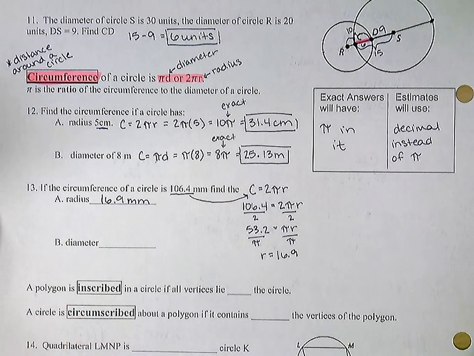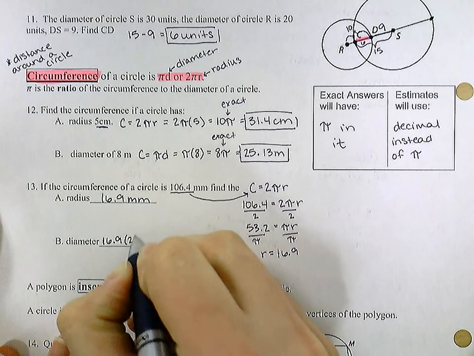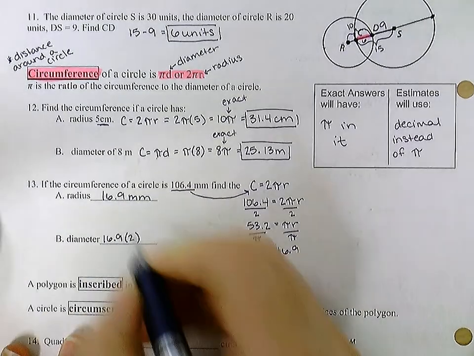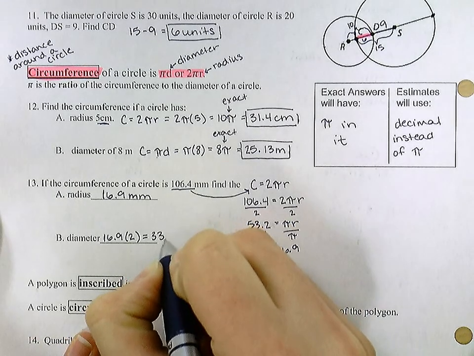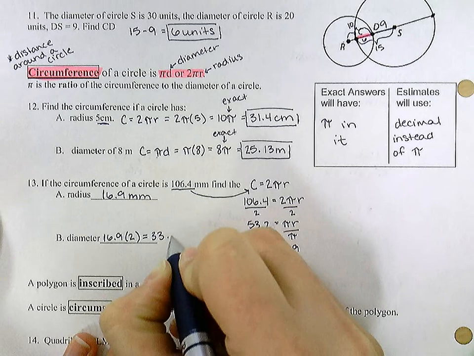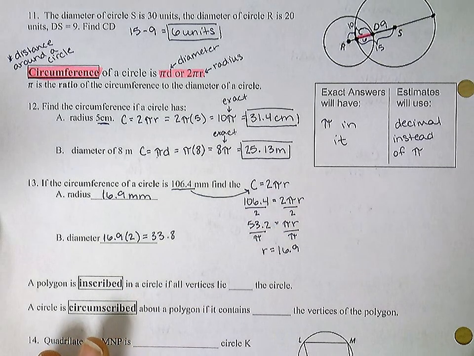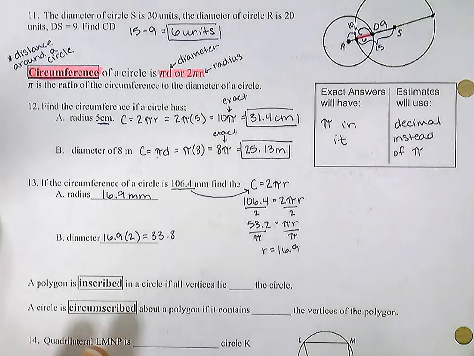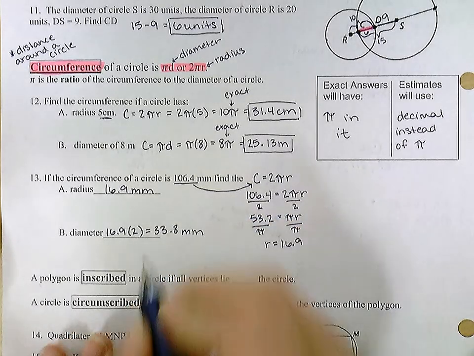If I have my radius, how should I find my diameter of this same circle? Multiply it by 2. So I'll just take 16.9 and multiply it by 2. Make sure that's right, because I kept it in the calculator. Yeah, so it is 33.8 millimeters.